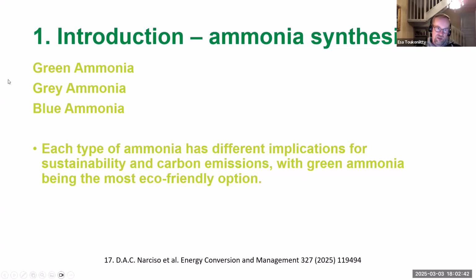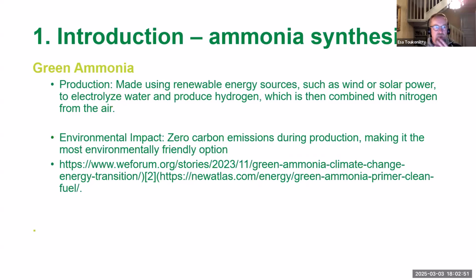The green ammonia is of course the target, being the most environmentally friendly alternative when it comes to environmental effects. So shortly, what green ammonia is. It utilizes renewable energy to produce the hydrogen. So it's the same that we talk about in more or less every second slide.